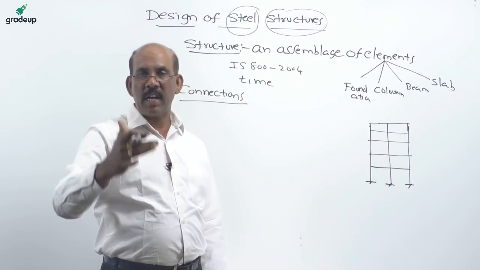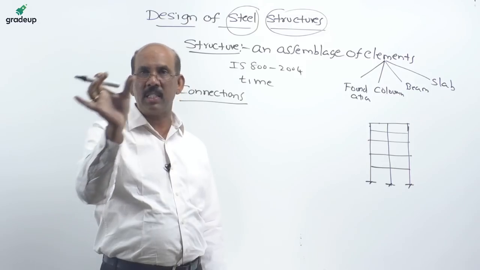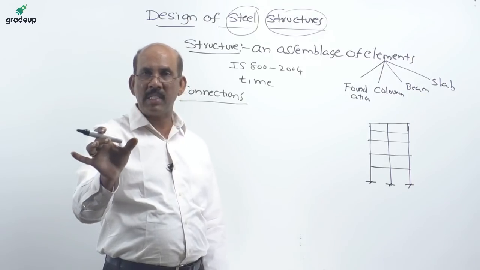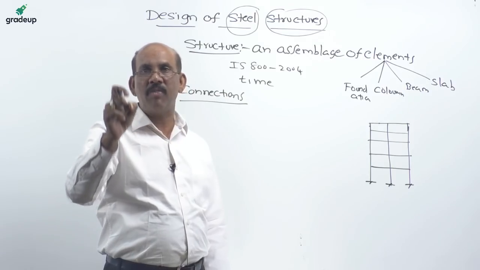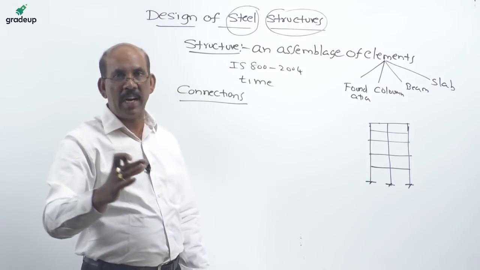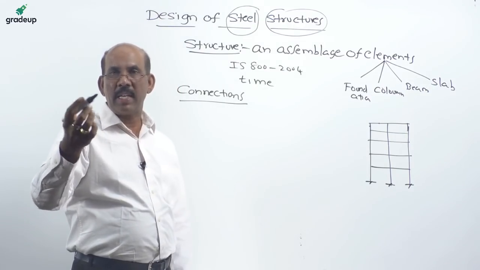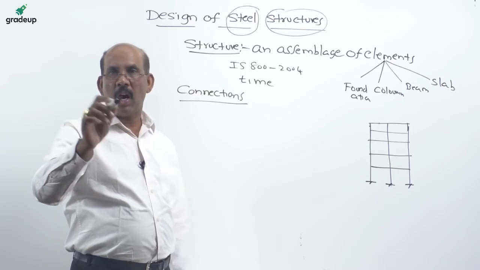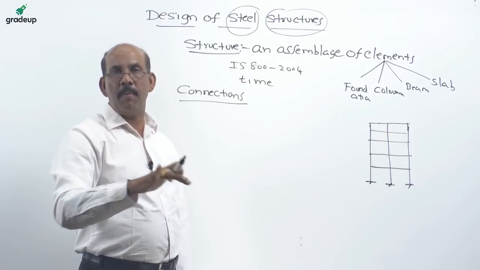Therefore, in any design one should see whether the structural members and their connections satisfy the requirements, and indirectly the load carrying capacity of the joint. We can join various elements like beam and slab, column with column, and footings with the base plate.